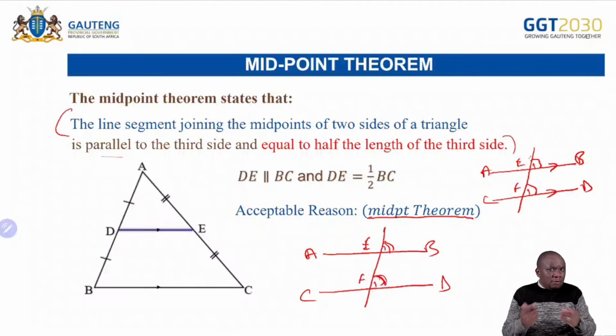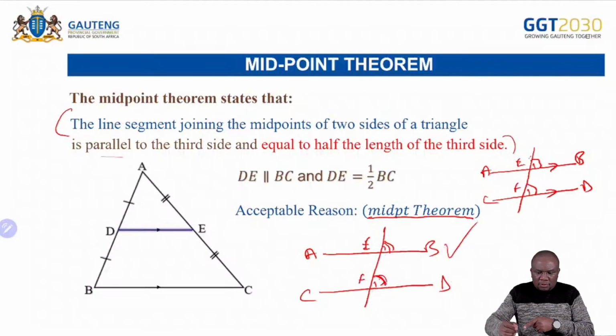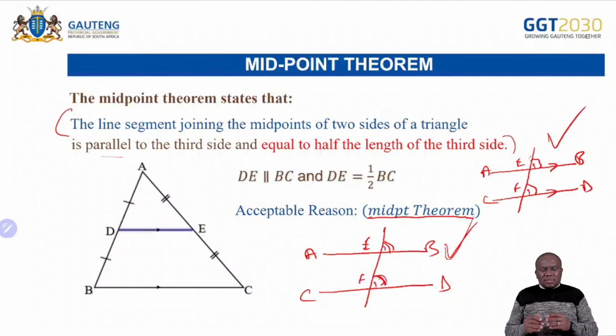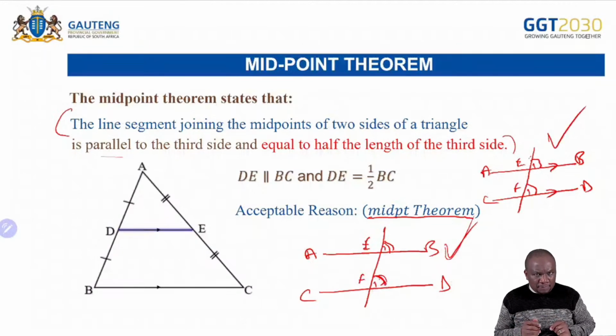That's the converse, like the other way around. We said the alternate angles are equal because the lines are parallel. Now we're saying the lines are parallel because the alternate angles are equal. So this is the theorem, this is the converse. I'm just using this as an example. It's the same thing with the midpoint theorem.